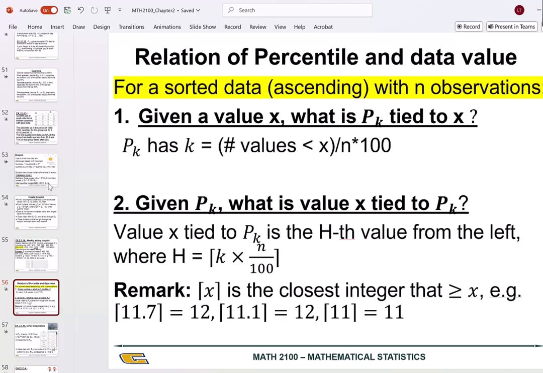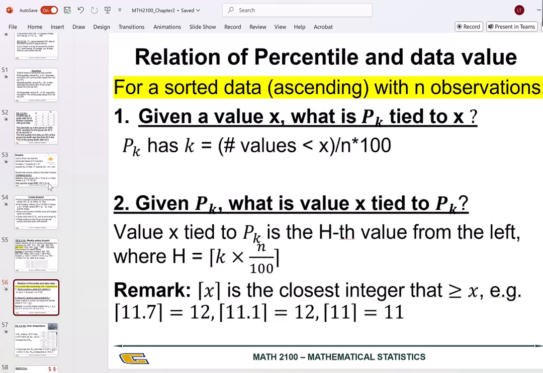And here is another question, the backward way. Here you know the percentile, and you wonder what the value x tied to pk is. Look at the country: you wonder what the median income is, so what is the P50 of the country? Or maybe the median height of people there.